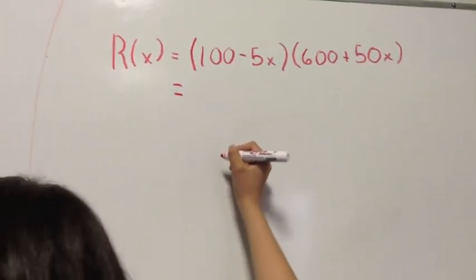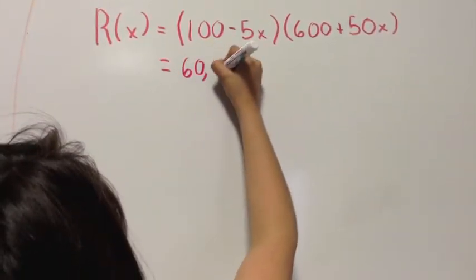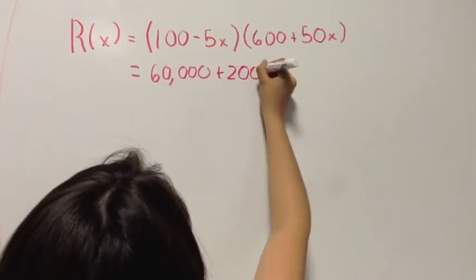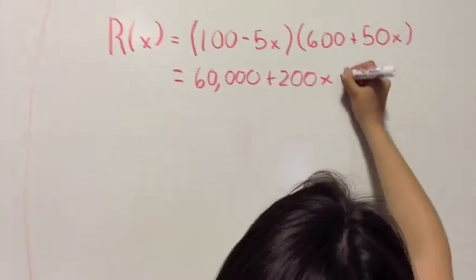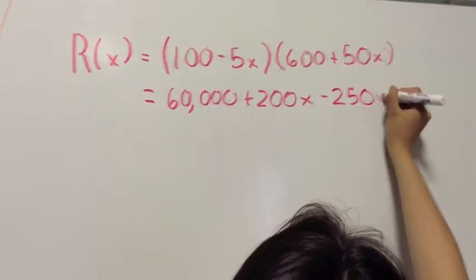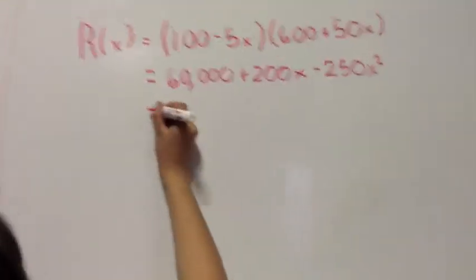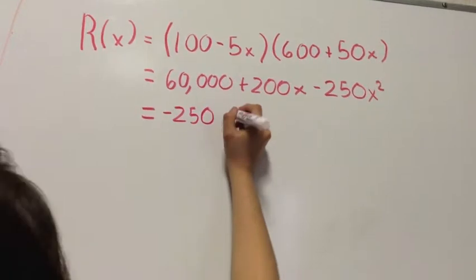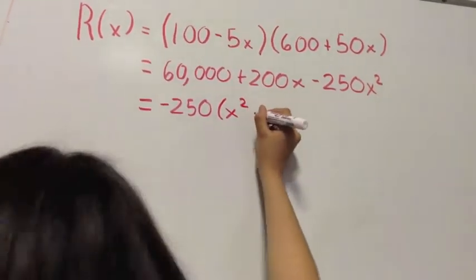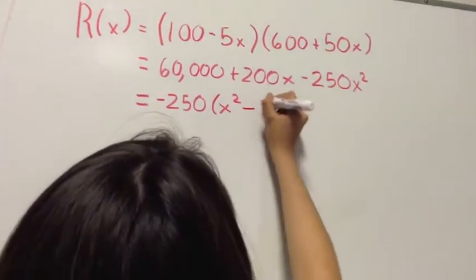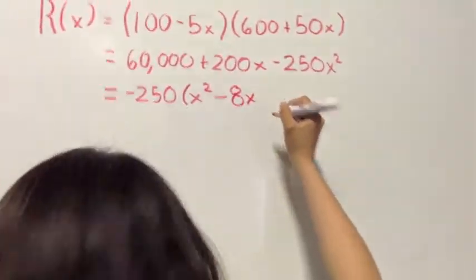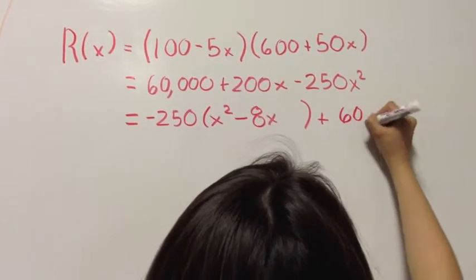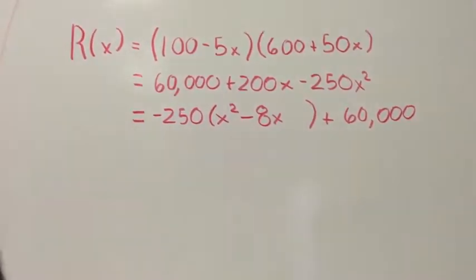Here we make the multiplication, that is 60,000 plus 200x minus 250x squared. Here is our next step: minus 250 times x squared minus 8x, and we leave a space for completing the square.